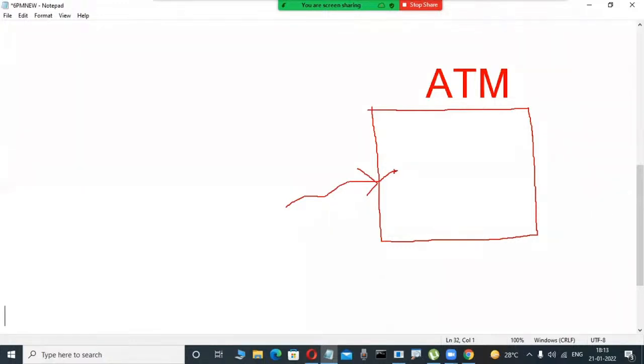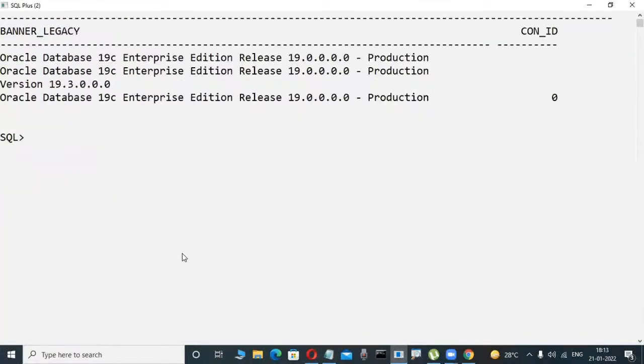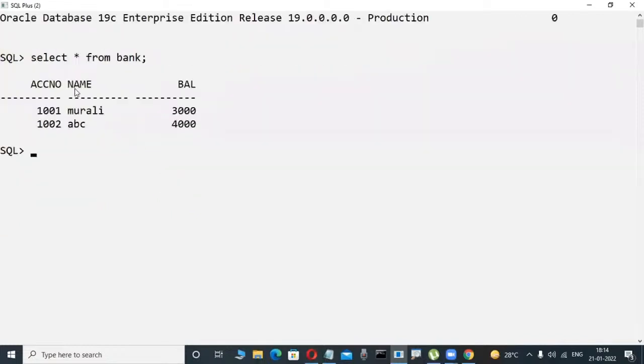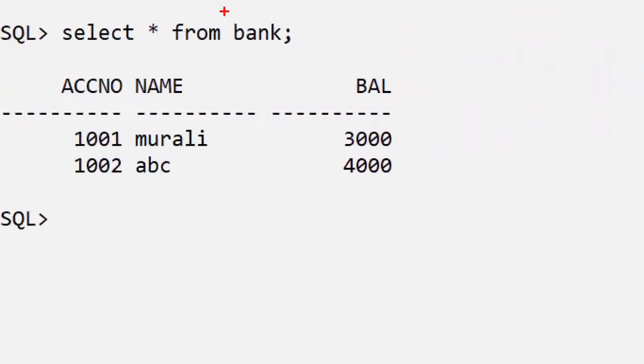Now slowly observe the screen. Suppose in this database, bank is a table, for example. It is very easy to understand.